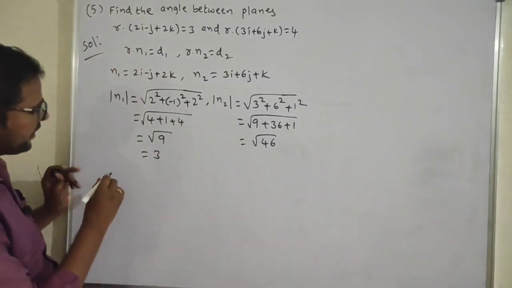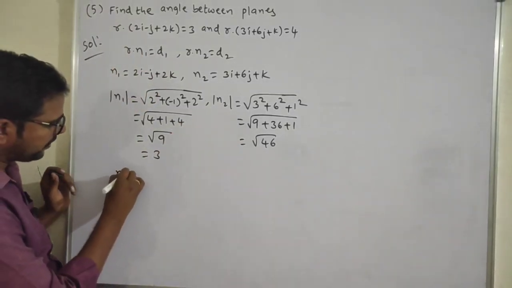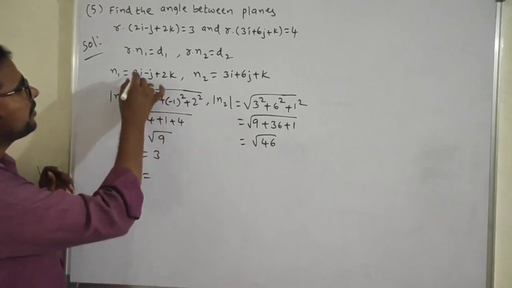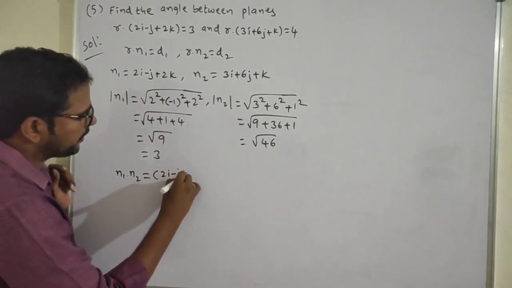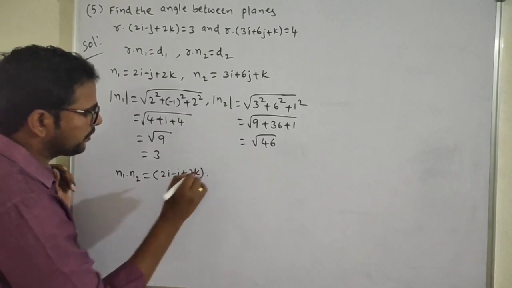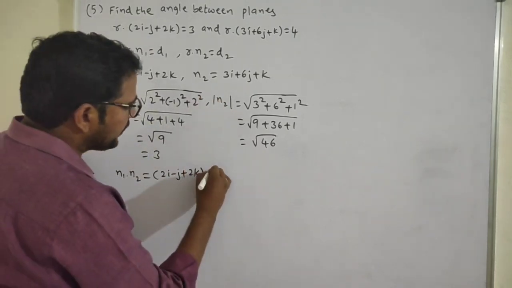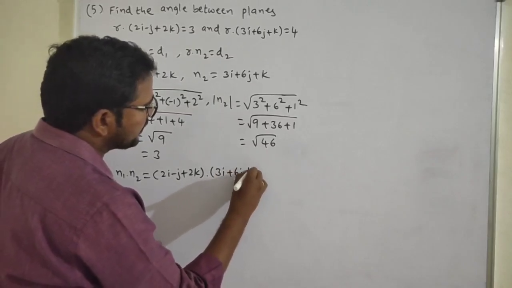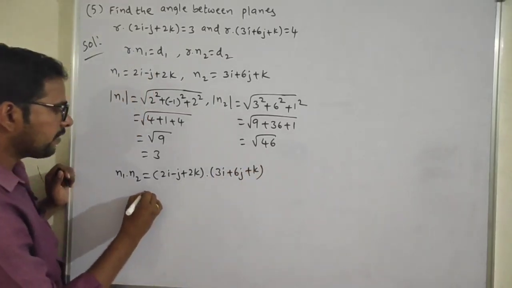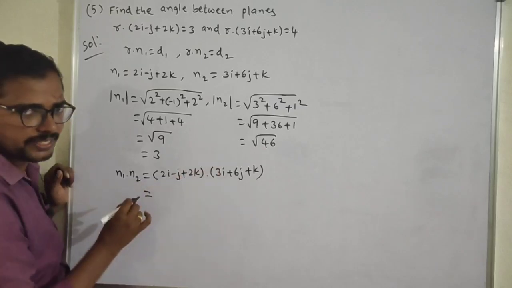Now we find n1 dot n2. What is n1? 2i minus j plus 2k, dot n2 value 3i plus 6j plus k. Take the coefficients of i with i, j with j, and k with k.